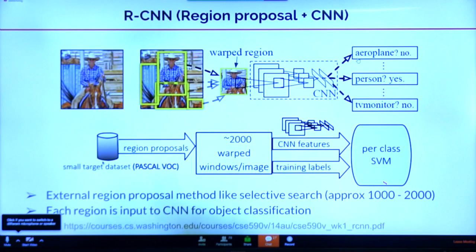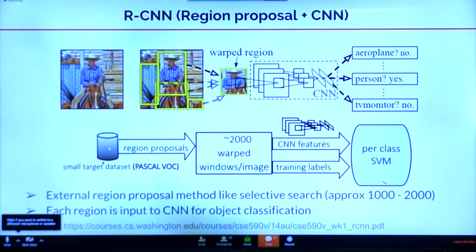We will have an SVM classifier, which will be a per class classifier. Is this an aeroplane? Does the region contain an aeroplane or not? Does the image contain a person or not? So it is basically a binary classifier, which is at the end of the convolutional neural networks.